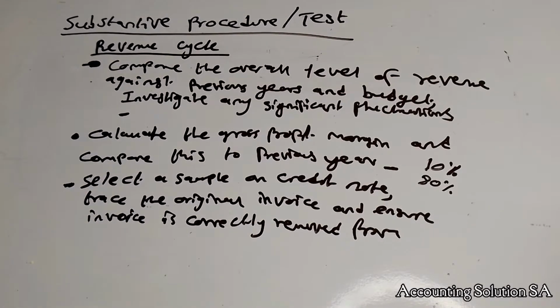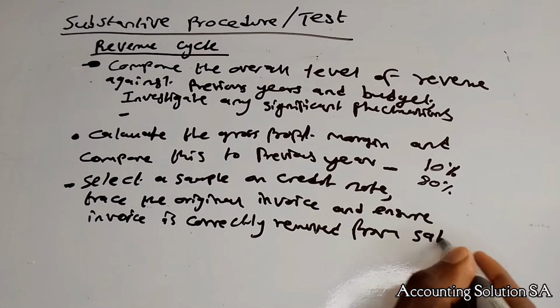So, in other words, what they're saying is that you have to sample a credit note. What is a credit note? Remember, we create a credit note when the customer returns an item. So we have to investigate that, did it actually happen? Did the customer return a good and the good has been removed from sale?